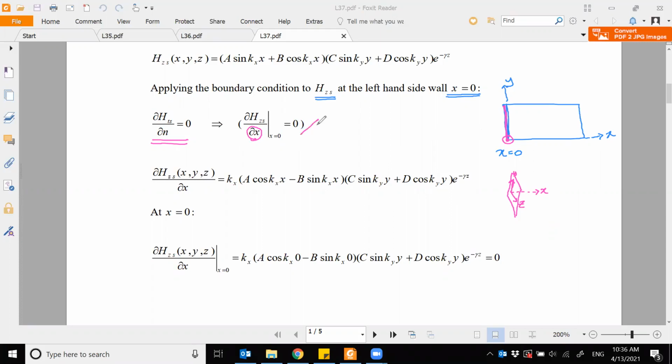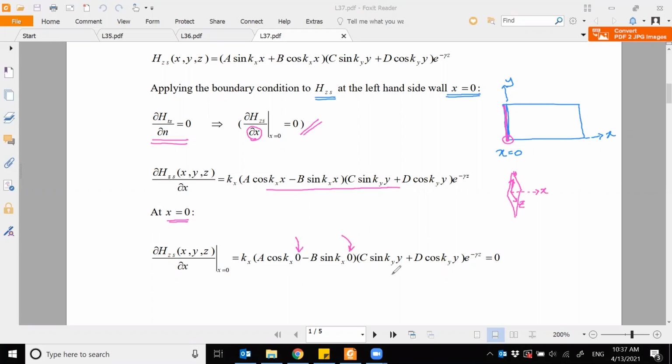This is equal to 0 at the boundary, which is at X equal to 0. So I find the derivative of HZS over X, which is this one. Then I substitute X equal to 0 wherever there is X. See here?